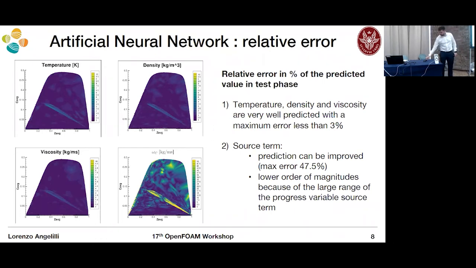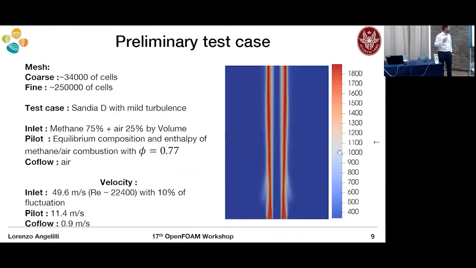So we performed a preliminary test case with two meshes, one with 34,000 cells and one with 250,000 cells, and we used basically the same initialization of the Sandia D flame, which is a canonical flame.